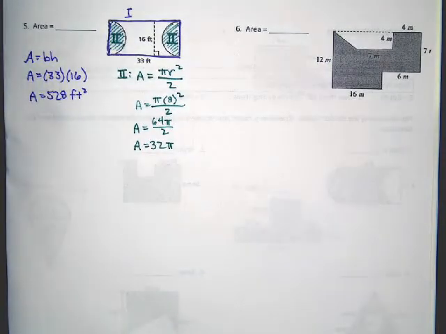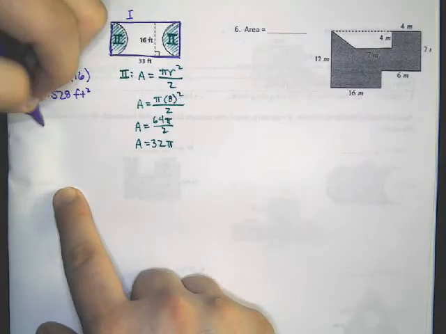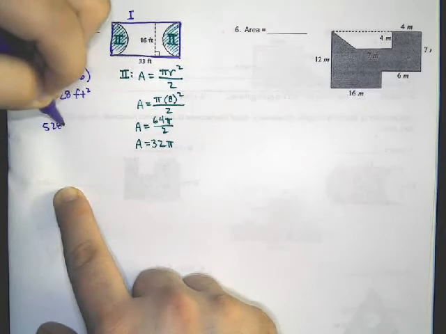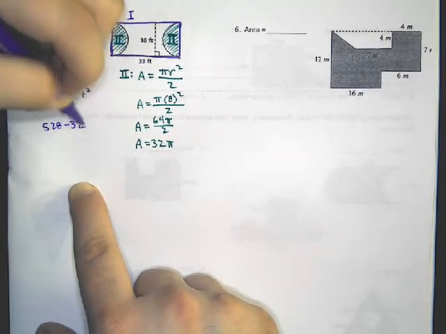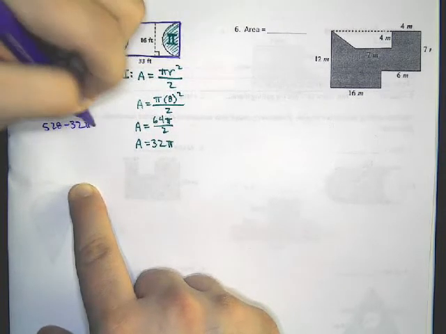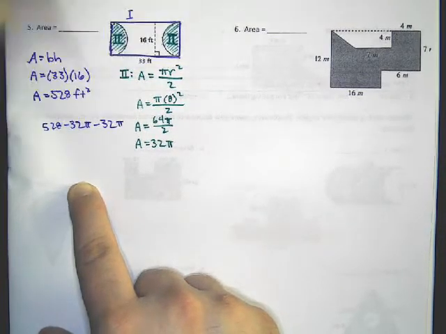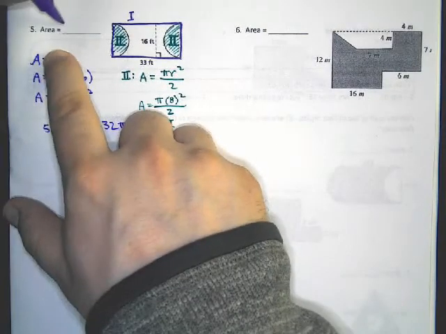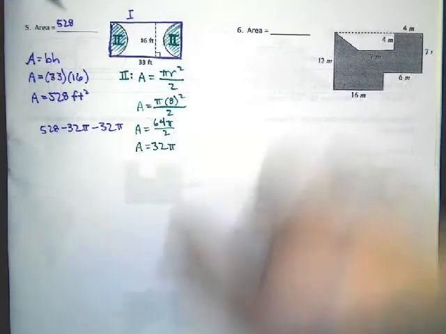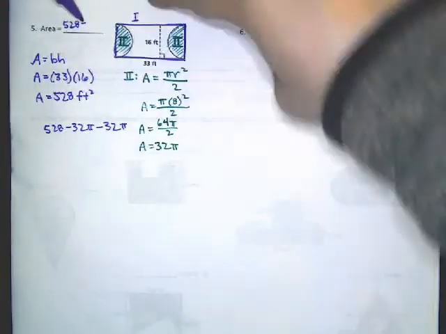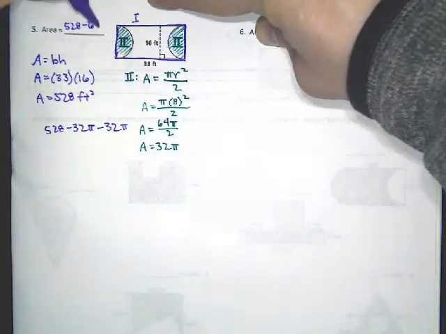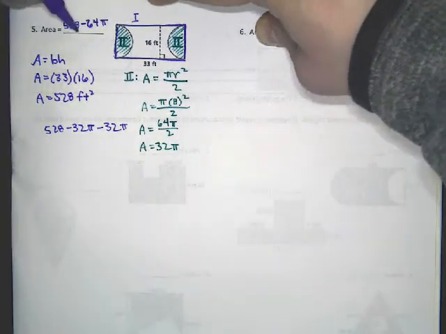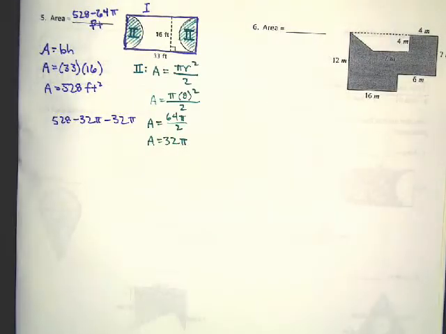Now, the last thing you have to kind of think about here, I'm doing 528, and then I'm going to take away 32 pi for one semicircle, and I'm going to take away another 32 pi for the other semicircle. So this turns out, if you want to write it in exact, you could write 528 minus 64 pi, and that would be in feet squared.